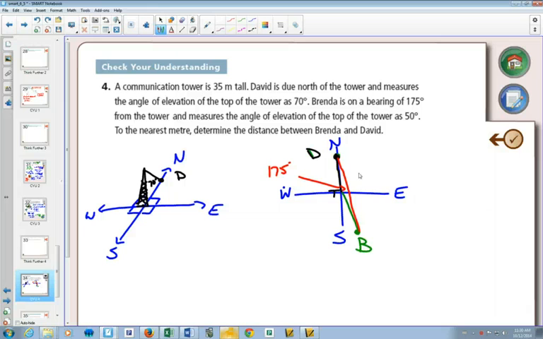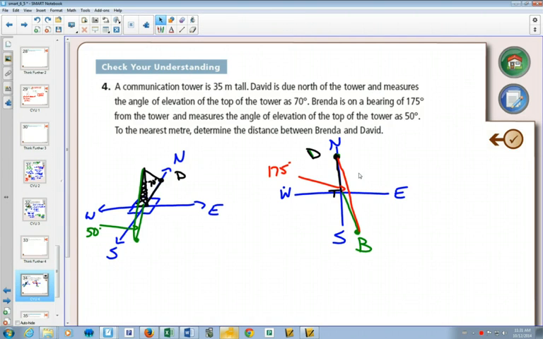The angle of elevation there is 70 degrees. I'll draw David's triangle in black. We've got Brenda, who's down here. She's another distance away. It makes another triangle, and we know that this angle of elevation for Brenda is 50 degrees.